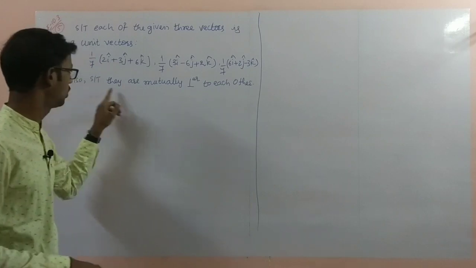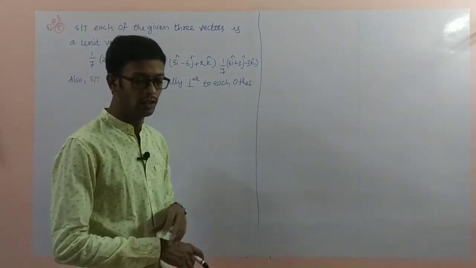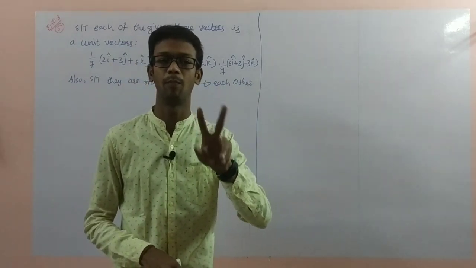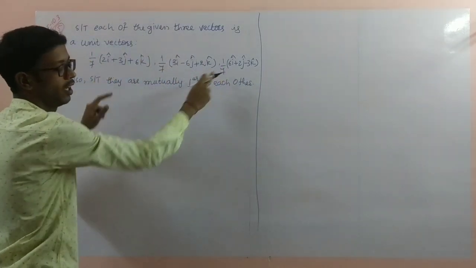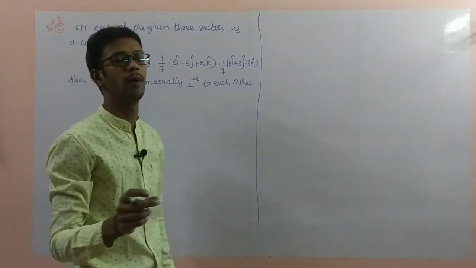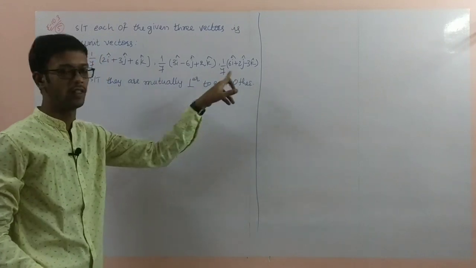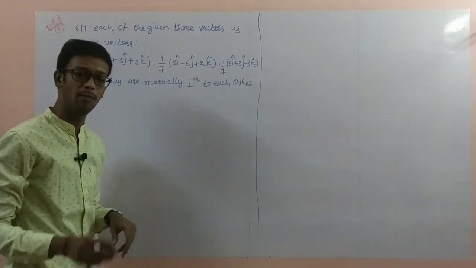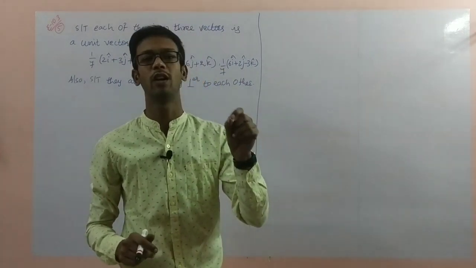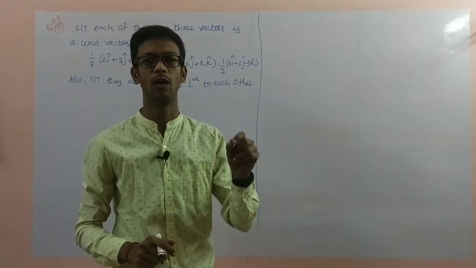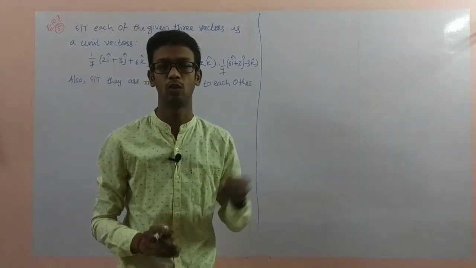Next, show that they are mutually perpendicular to each other. That means each pair, for example 1 2, 1 3, 2 3, is perpendicular. How will we show it? If the dot product of two vectors is equal to 0, then the two vectors are perpendicular. So we have to show that.